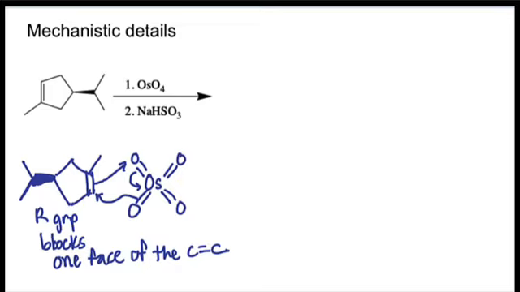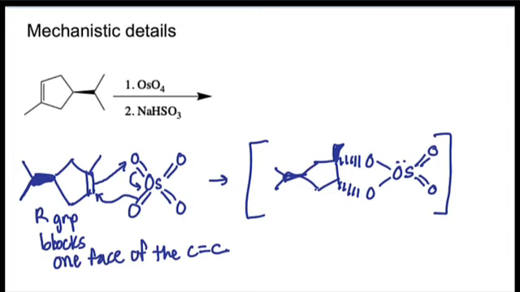And so it's a cyclic mechanism that looks like this, and it results in an intermediate structure that looks something like this. Okay, so it's a concerted cyclic mechanism, and that's causing the syn addition.